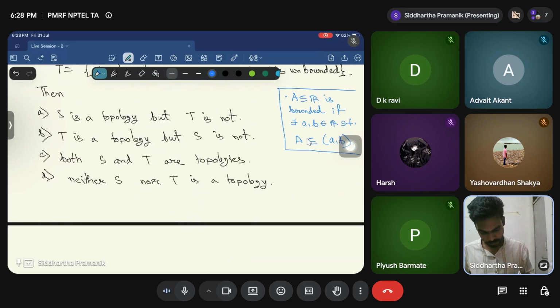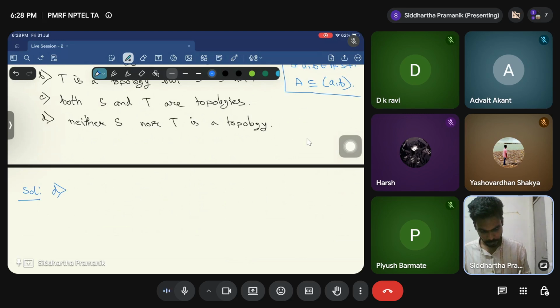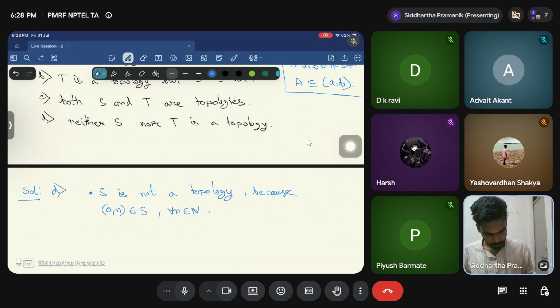So maybe I will write this down quickly. So the answer is option B. So S is not a topology because, let's say, (0, n) belongs to S for all natural numbers n. But if you take the union of these intervals, then you will get (0, infinity).